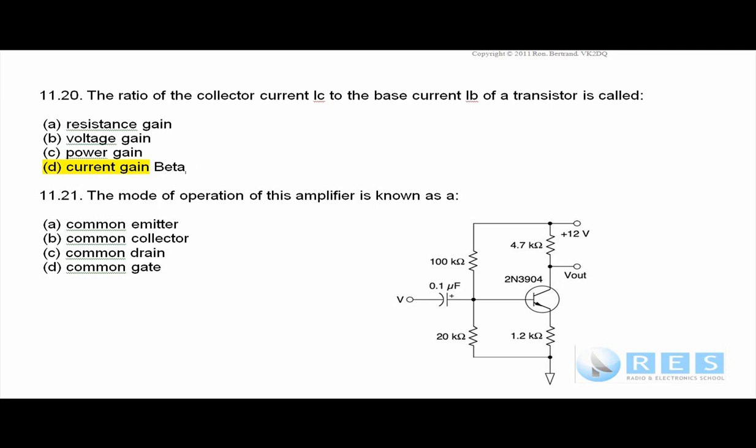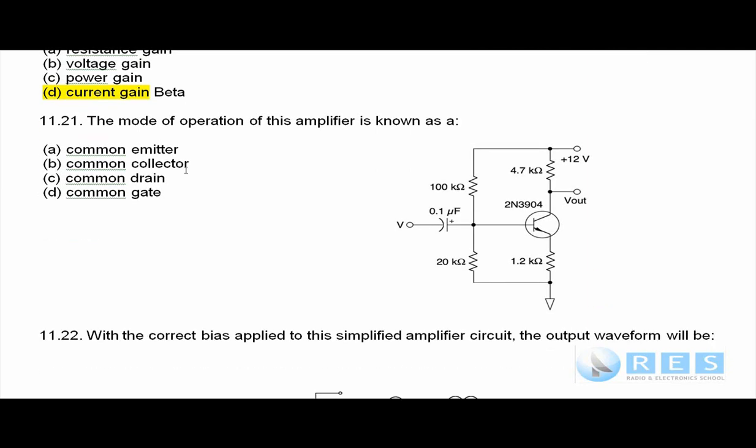Now remember I told you that you have to know one mode of operation for transistors and FETs, and that one mode is common emitter. I've put a circuit here just to show you a practical circuit of a transistor amplifier. Sometimes the symbol's shown there rather than here, but the arrow's pointing out, so that's an NPN transistor.